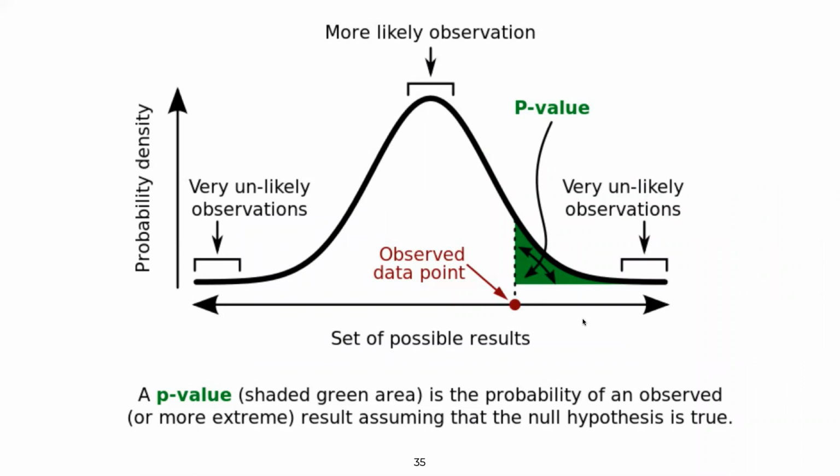For example, we can allow ourselves to make small mistakes, so maybe in 5% of cases we might allow ourselves to make a mistake. That is where this p-value of 0.05, or 5%, really comes from: our threshold for allowing ourselves to make these small mistakes.